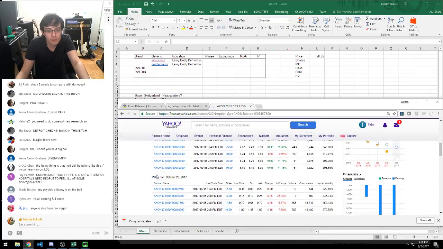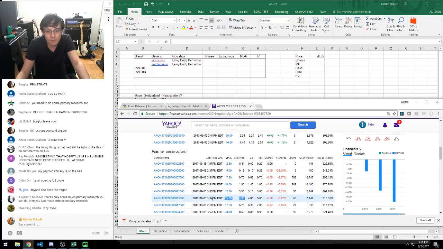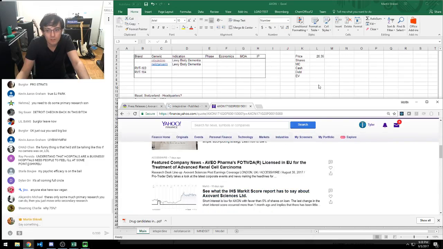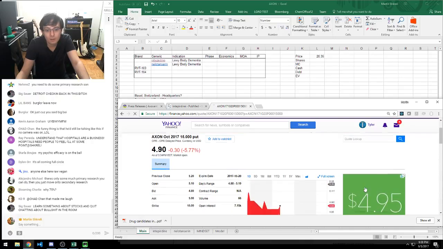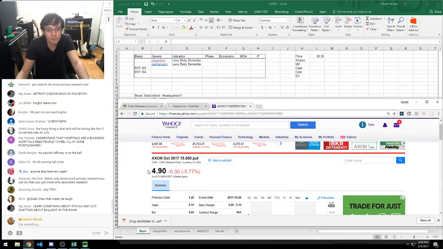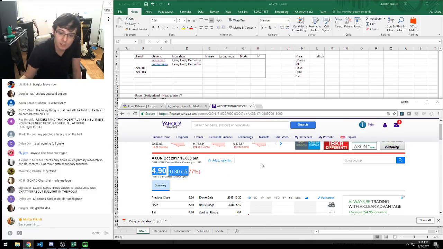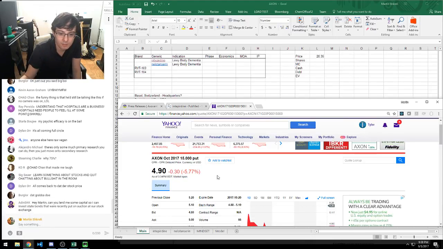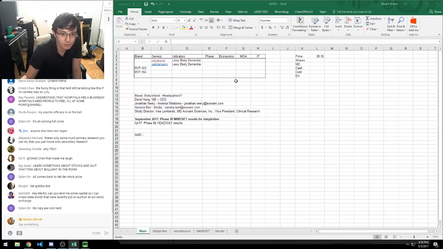If I bought puts, let's see, the 15 puts, I think the stock's going to go to 5. The 15 puts would be worth $10, so you double your money, if that makes sense. So this is like a lotto ticket, basically. You double your money if you're right. So that's the way this would work.